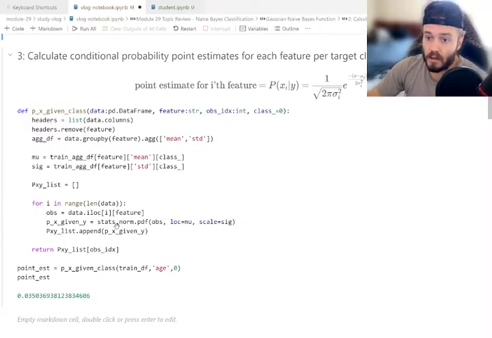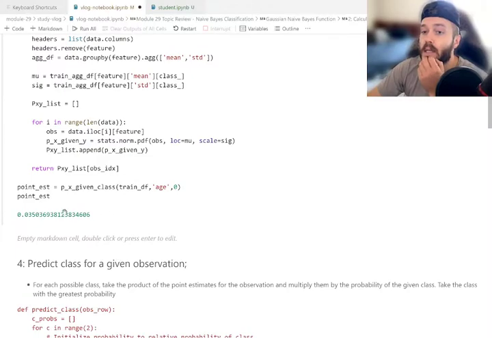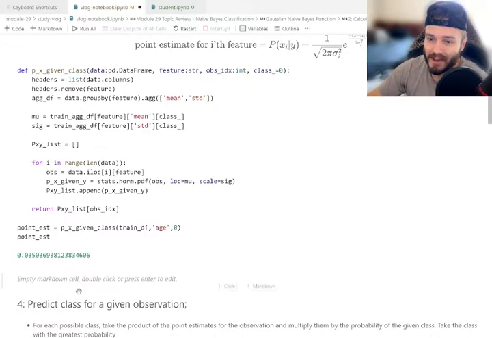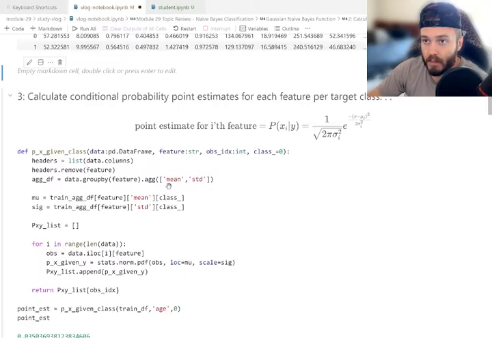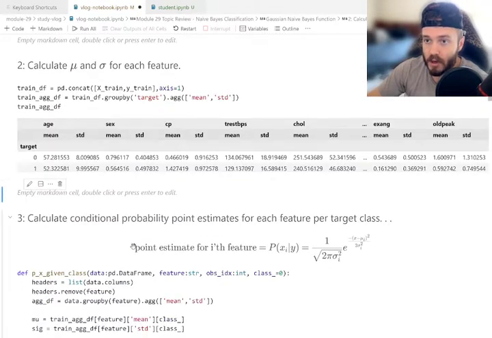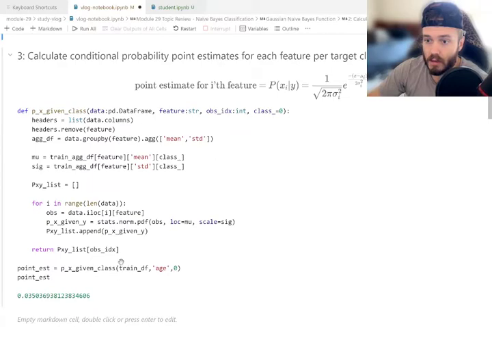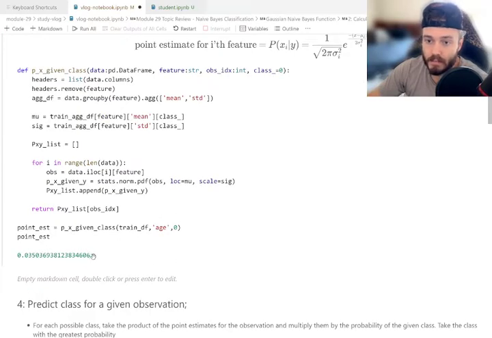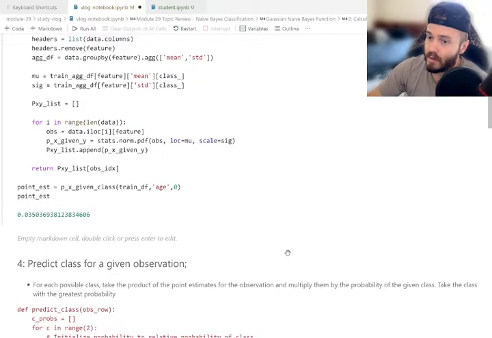So all of this is going to return a number right here. Sorry, I almost didn't remember for a second. It's going to give you the point estimate for that particular feature at that particular observation, which is the conditional probability of that feature of that observation, if that makes sense.